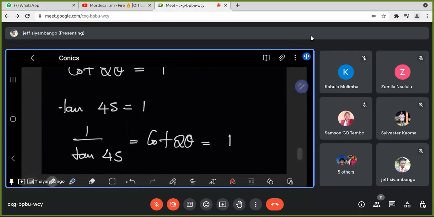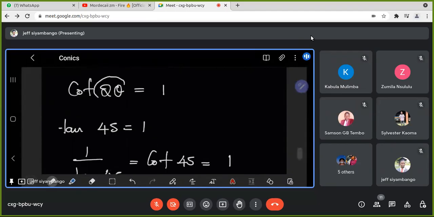So in other words, this is 45. So what this implies is that the 2 theta here must be that. Do you get that? Do you agree with this?